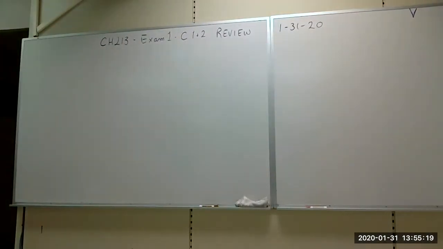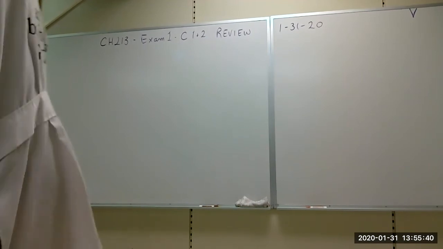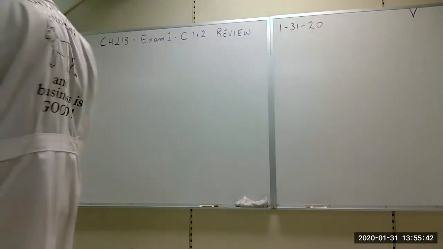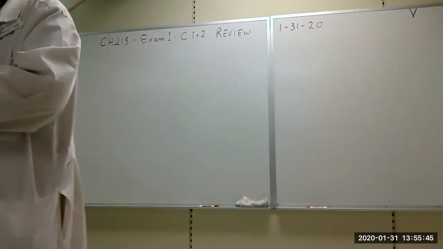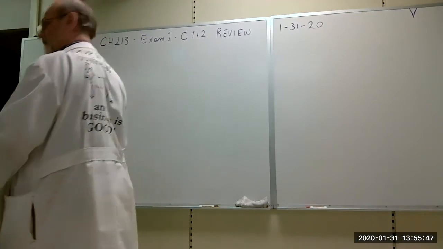Well, let's see, what else can we do? Let's see, accuracy, precision, got that one down. That was pretty simple. Remember when you do a calculation and there are no parentheses in there to guide you, right?